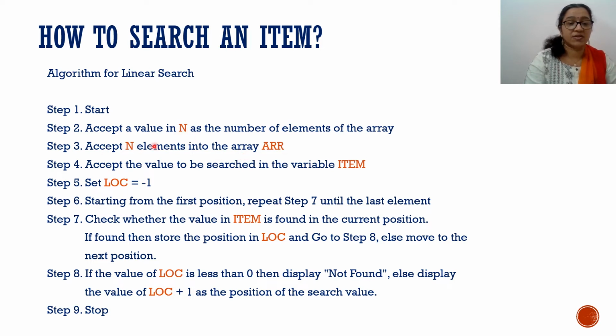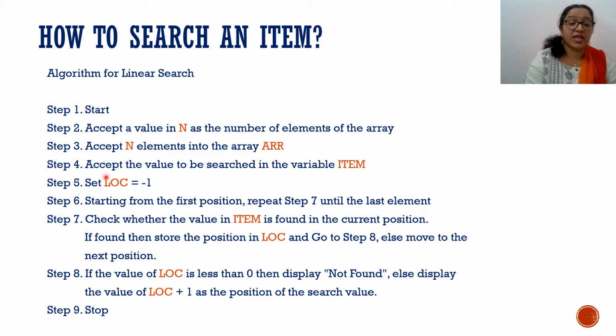If it is 5, we input 5 elements. Understood? Okay, now the array declaration is over and the values are there. Now in step 4, accept the value to be searched in the variable item. So here we use one more variable, that is item. In this item we input the value we want to search.